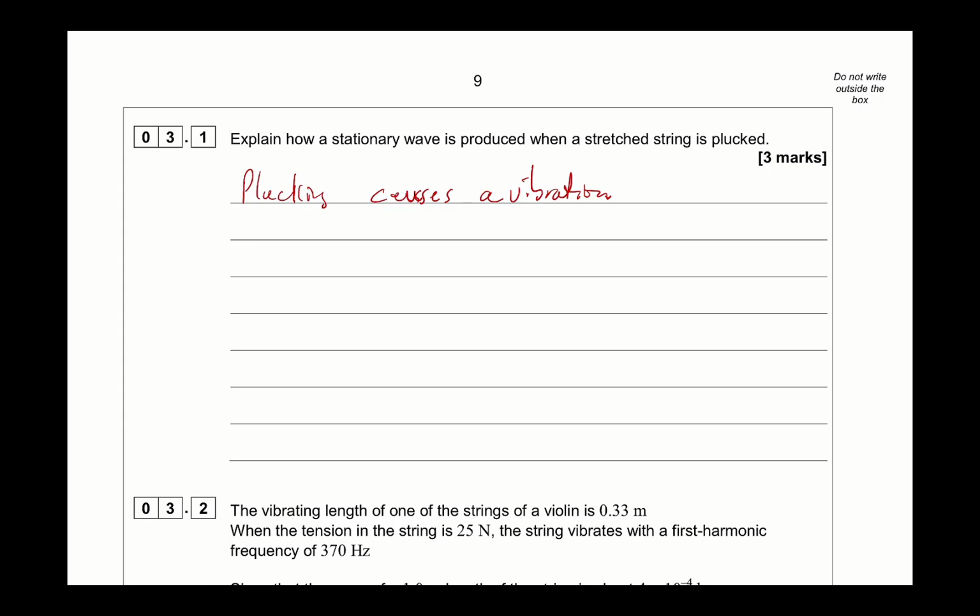What you're going to need to talk about as well is that when the wave goes to the boundary, so cause a vibration or a wave, okay? The waves reflect at a boundary. And waves can superpose.